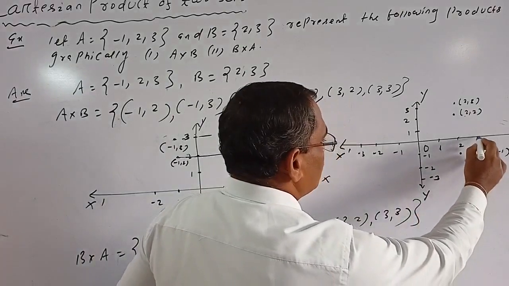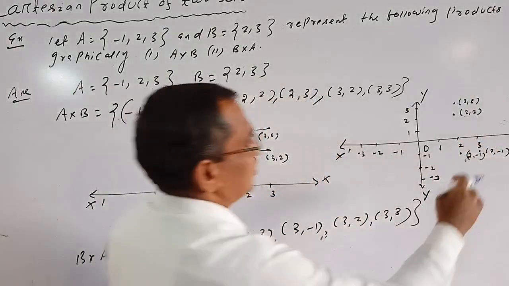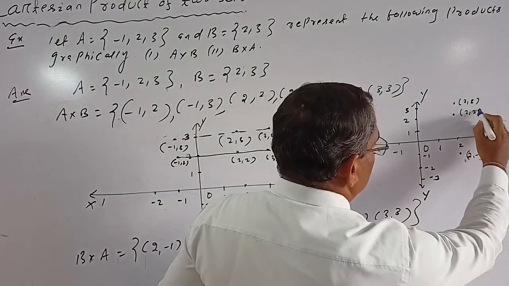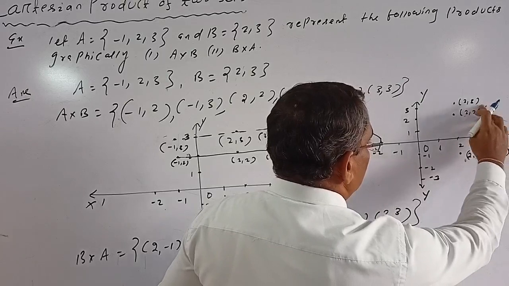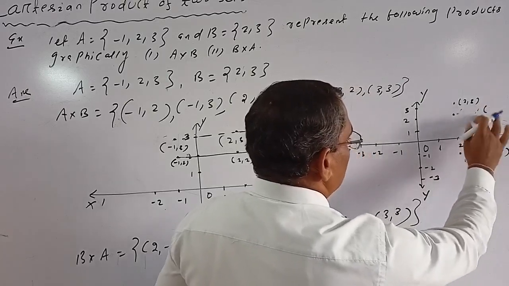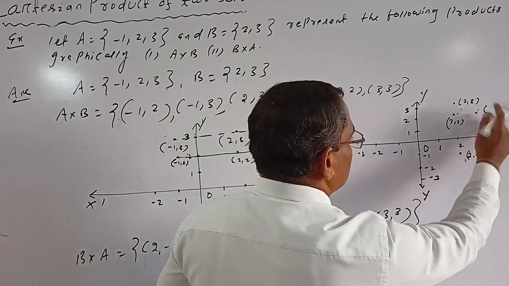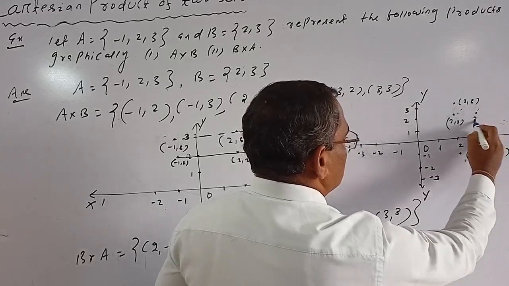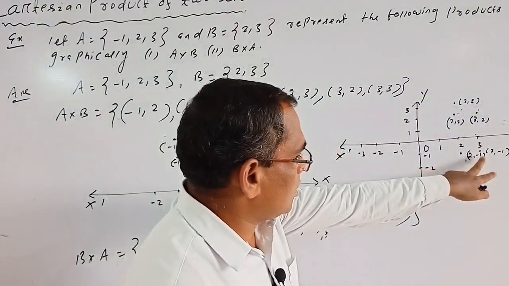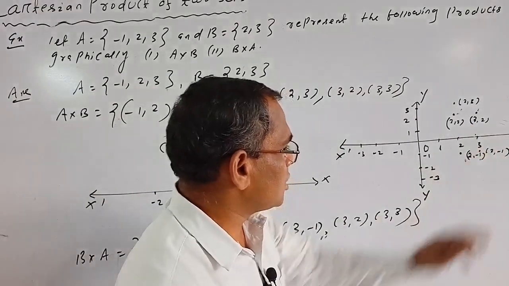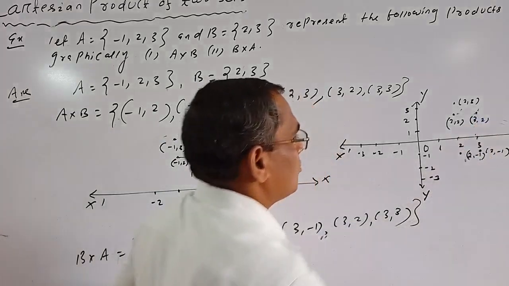(3, 2): in which quadrant does (3, 2) lie? First quadrant. So this point is (3, 2). Then (3, -1) is this point, and this point is (3, 2).